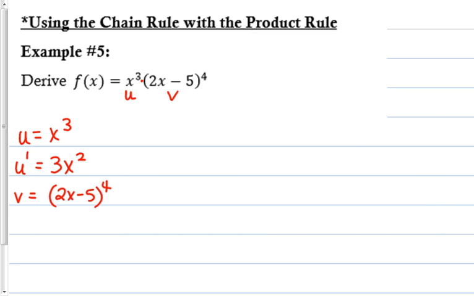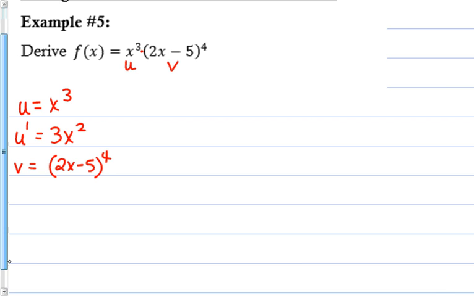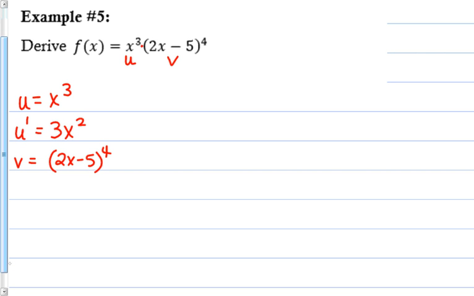So I'm going to introduce another letter. We've been using u and v, so I'm going to use w. I'm going to rewrite this as w to the 4th power. The stuff in here, my inner function, I'm just going to call w.